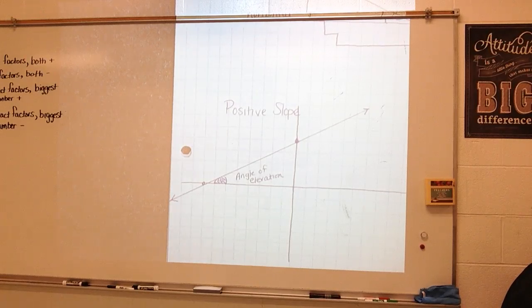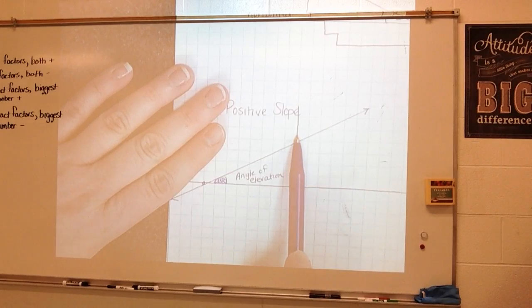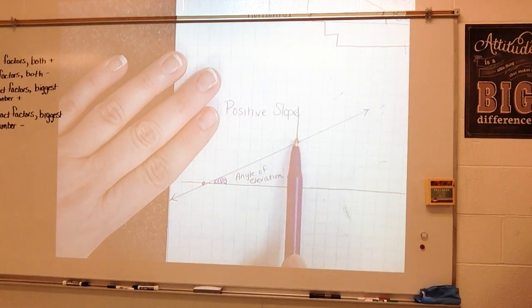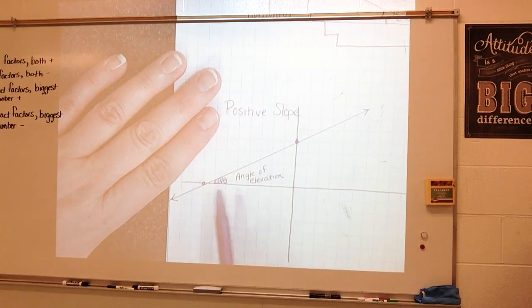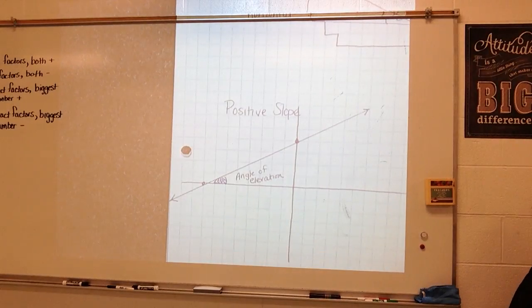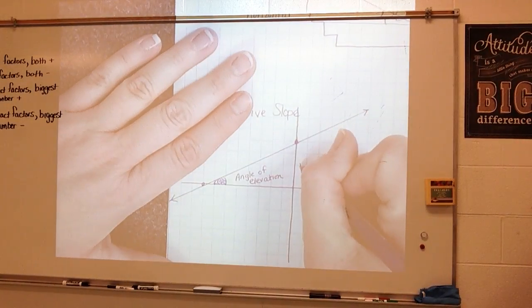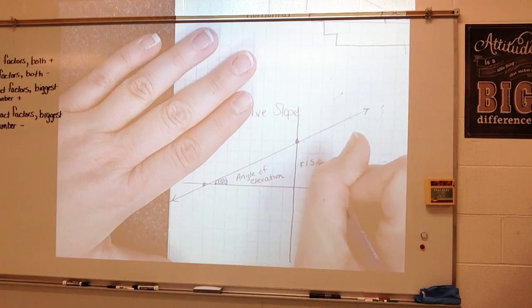Around any 2 points selected on the line, we can determine the slope by finding the value of rise over run. Rise over run. Here's my rise, and here's my run.